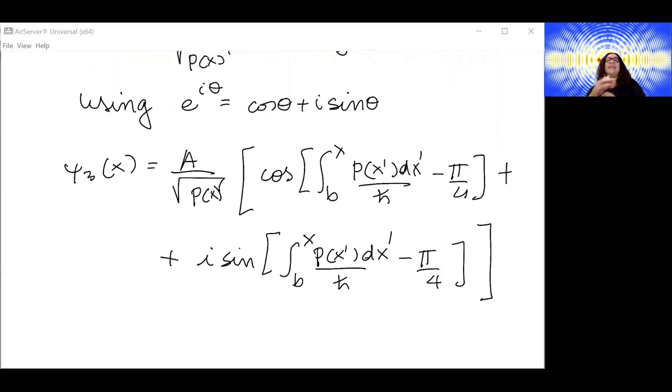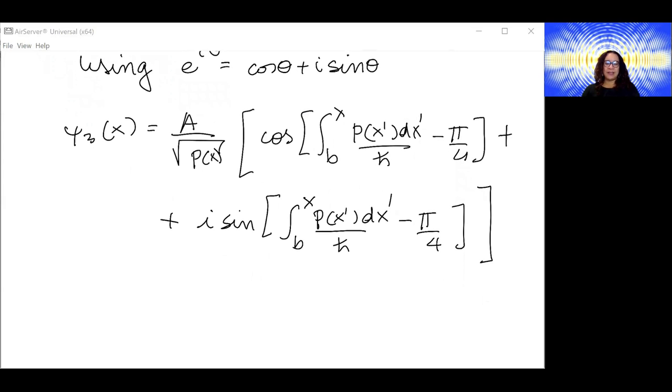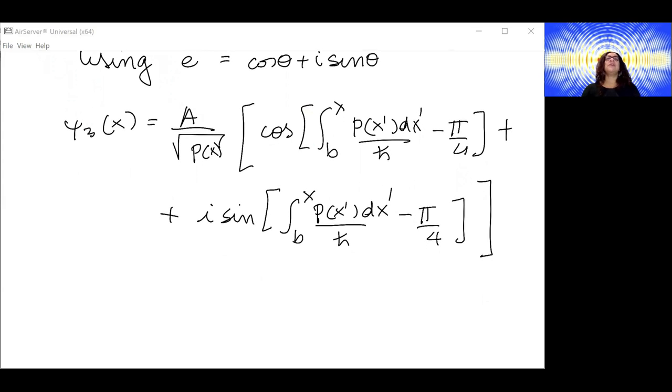And the thing that you should do is have always those tables and identify if you want to apply the connection formula, if it goes with the arrow or if it goes against the arrow. So we have seen that if you have a cos on the classically allowed region and then you go inside the left hand barrier, which is what you're going to have.